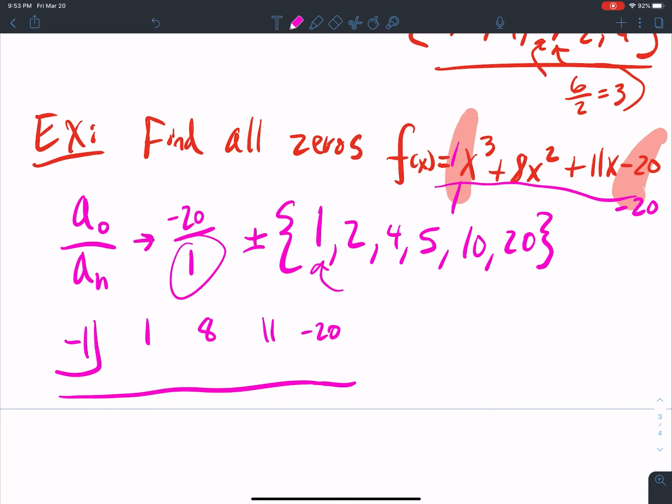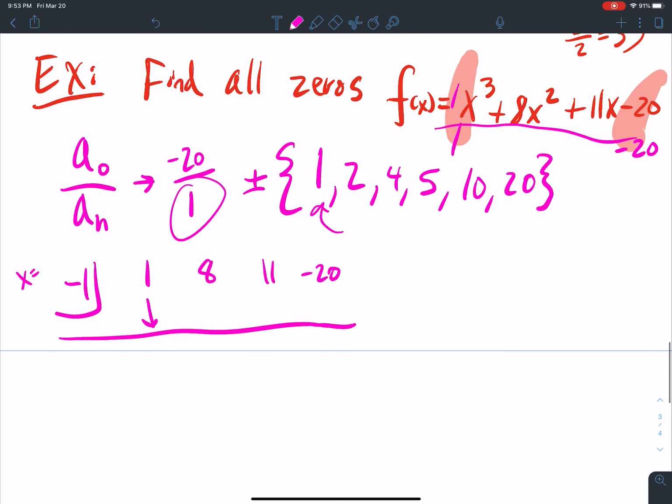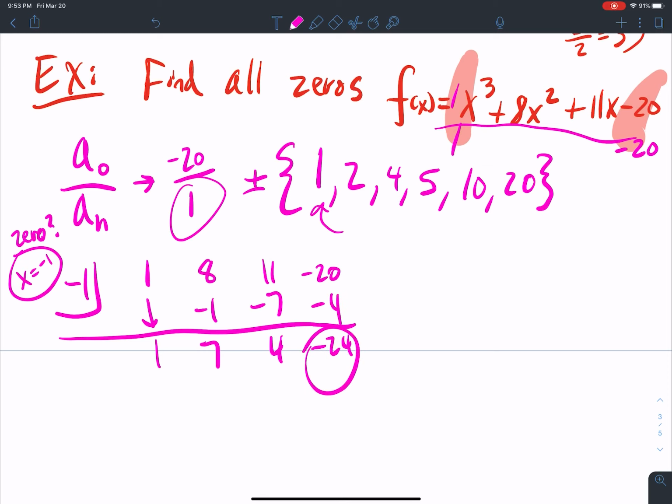Is x equal to -1 a 0? That's the question. If it is, that's really going to help us out. So bring down the 1, multiply, -1 times 1, -1, add the 8 and -1, I get 7, multiply, I get -7, 4, multiplied, and guess what? This is not a 0 since that has a remainder, okay?